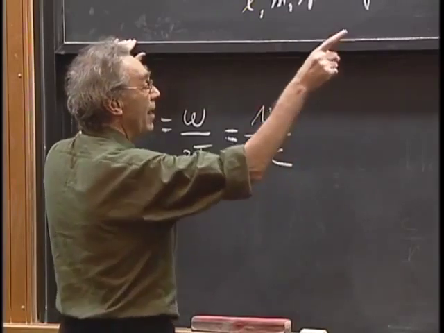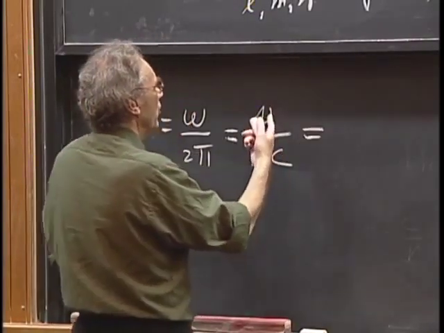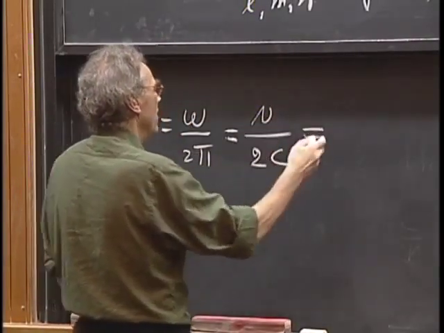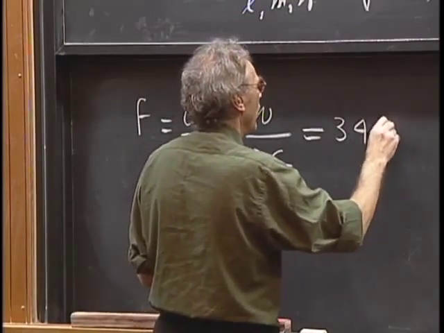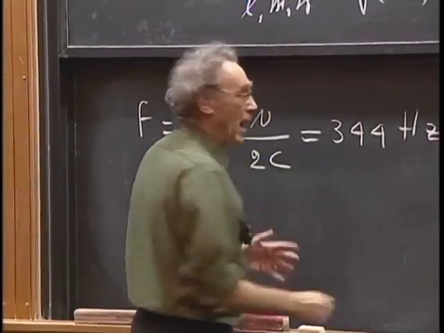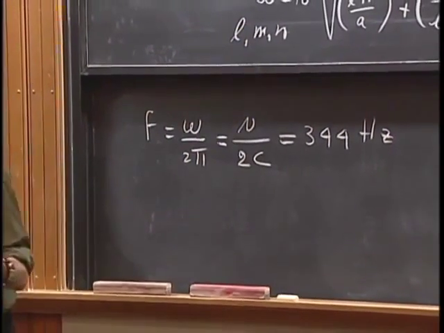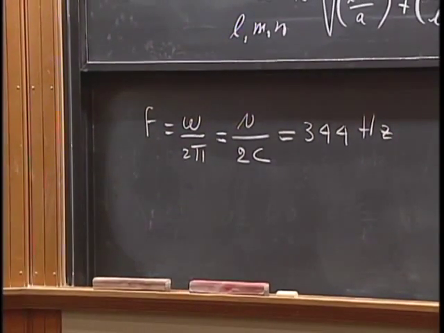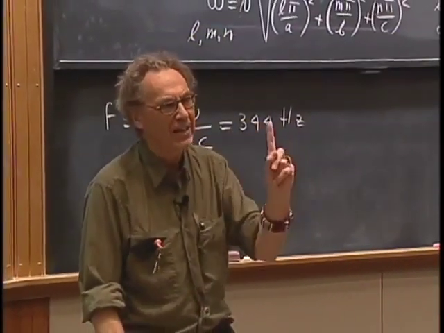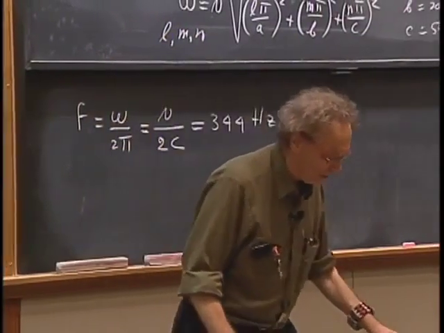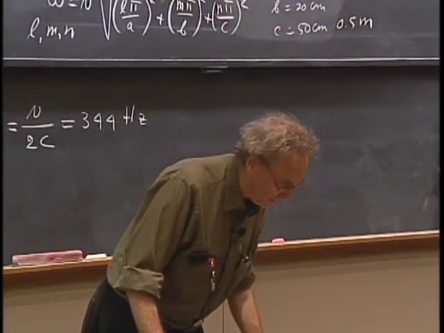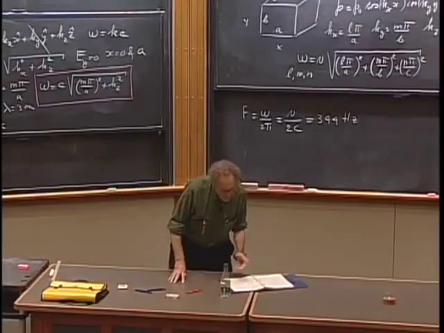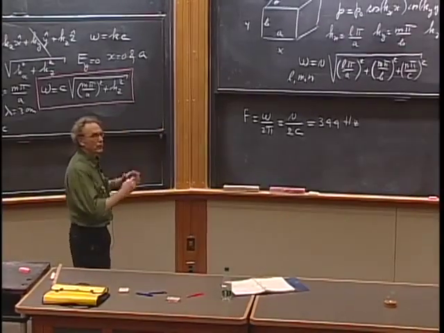c being now half a meter, and so if v is 344 meters per second, then the lowest frequency is 344 hertz. And I proudly demonstrated that to you. Our prediction was accurate to better than 1 hertz. We had exactly the 344 as the lowest possible frequency. And then, of course, you can look for higher order frequencies.